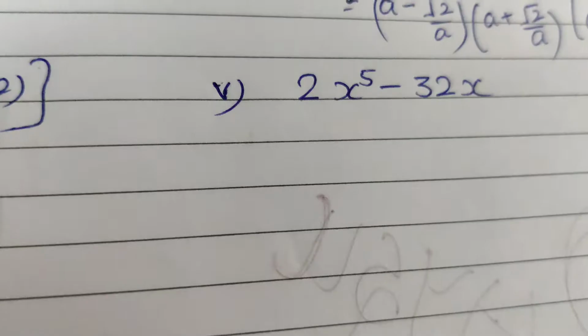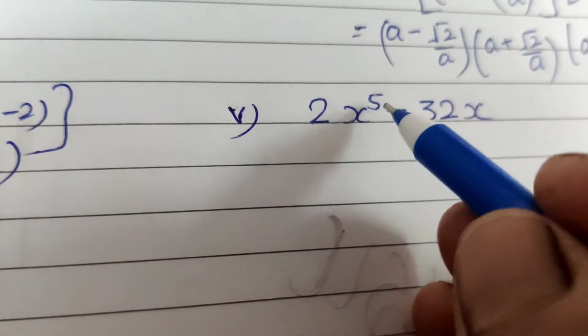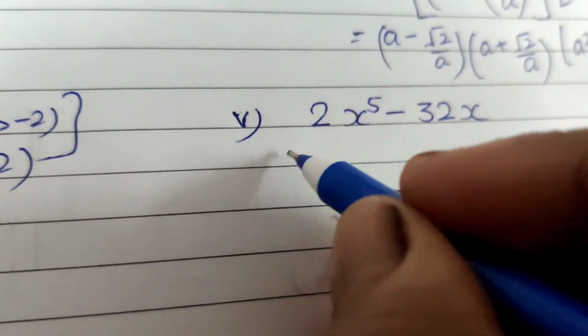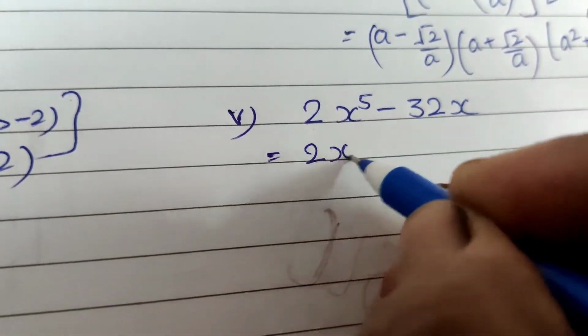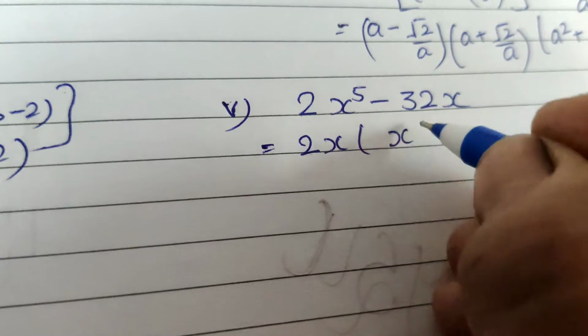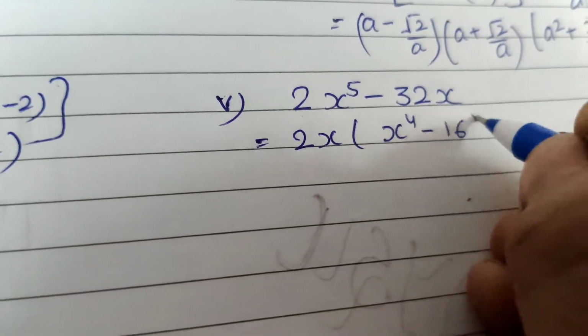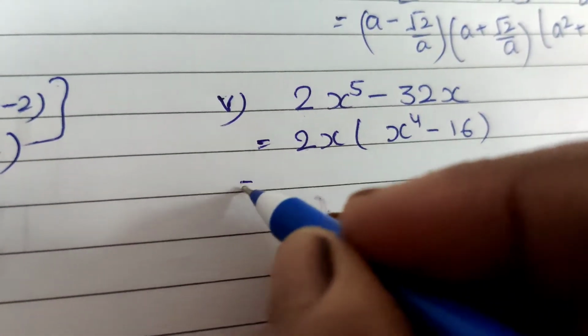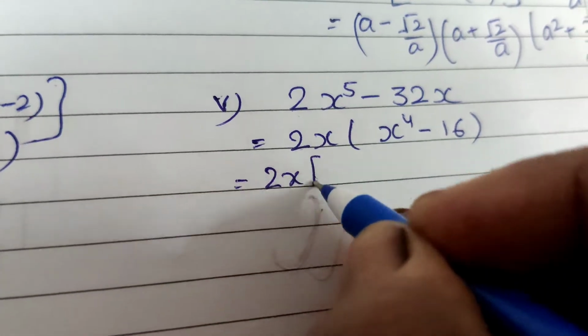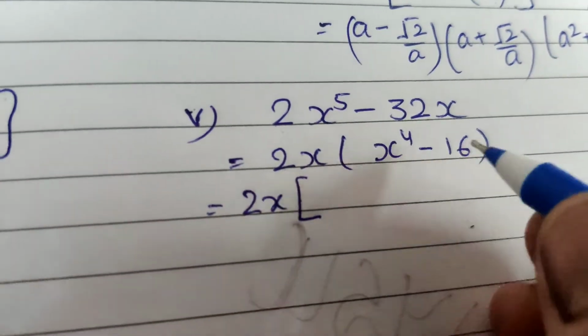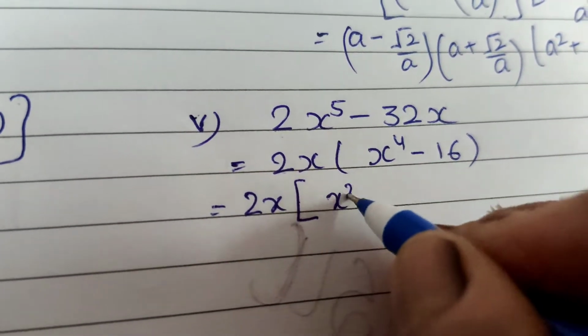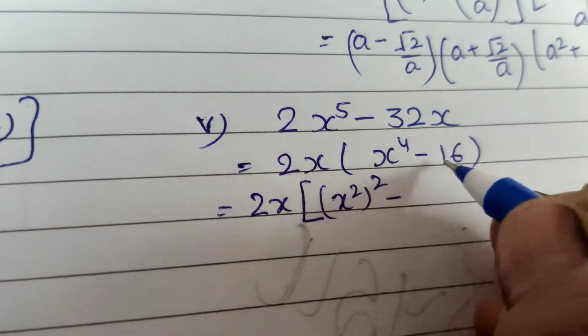The fifth one is 2x raised to power 5 minus 32x. Take 2x common. We get 2x into (x raised to power 4 minus 16). Again using the identity a square minus b square, this is the square of x square and this is 4.